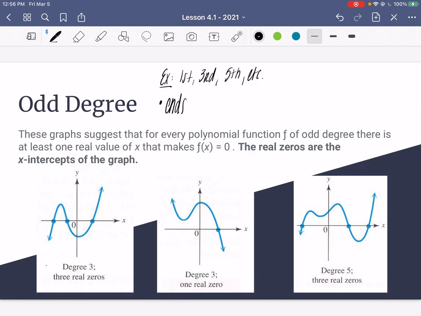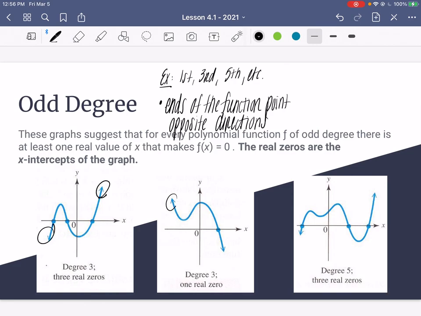I want you to write that down. Ends of the function point in opposite directions. Ends of the function meaning when you look to the far left of a graph or the far right of a graph. So where does that point?